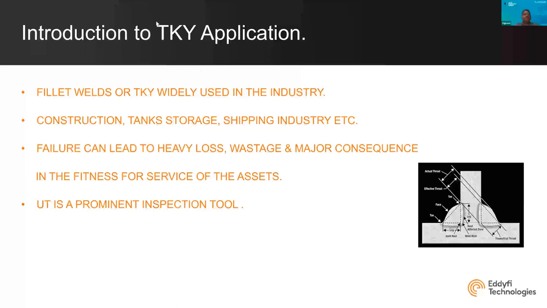Now, let's jump into TKY, and how it helps us to give a better TKY result. TKY basically is a joint which looks more or less like the example that you see on my screen right now. What we do is basically we take two pieces of metal and then we perpendicularly weld them.